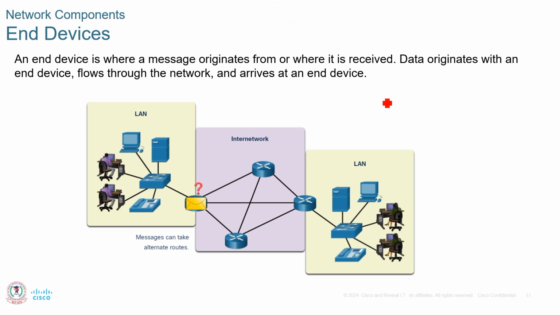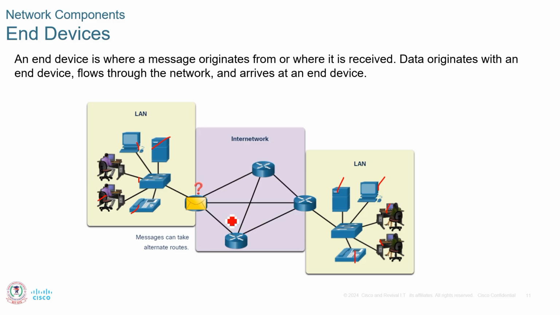Like you see here, this one is an end device, this one is an end device, and so on. So an end device is where a message originates from or where it is received.